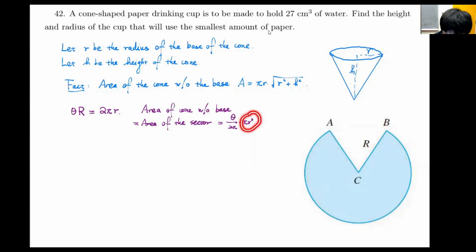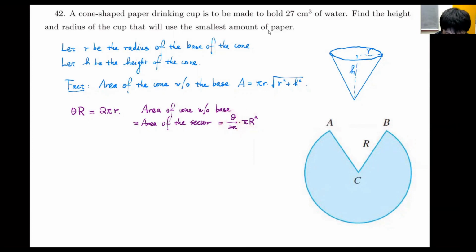Oh, okay, I made it wrong here. This should be capital R squared. So it should be theta over 2 pi times pi capital R squared. The area of the whole disk is this, and the area of the sector is obtained this way.